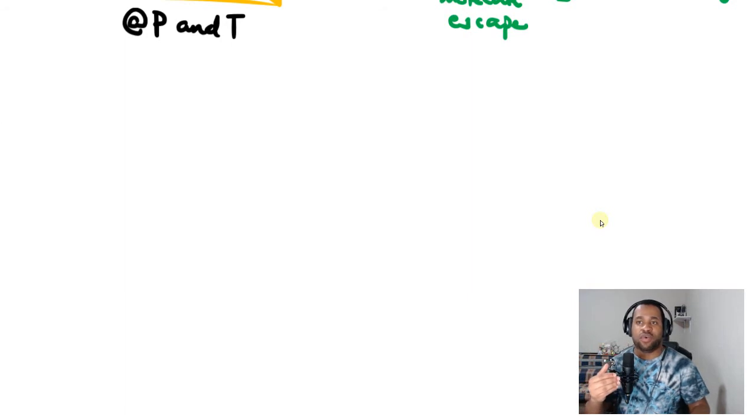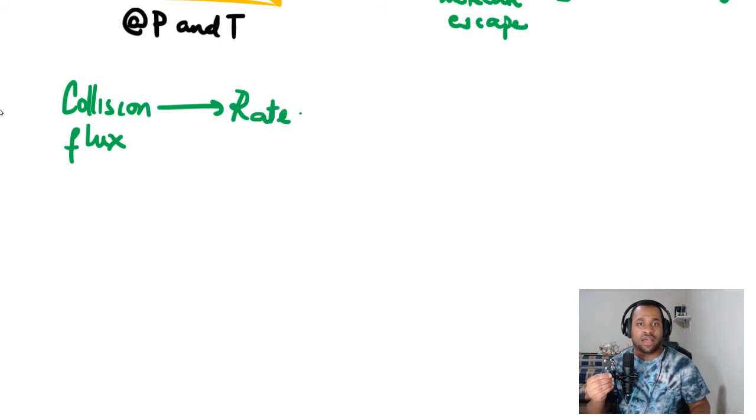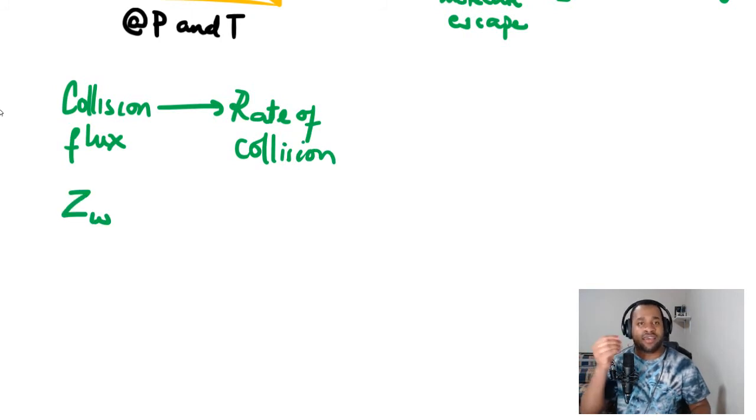In this part, we know that the collision flux links us to the collision rate. Based on our first step, we start off with the collision flux, represented as Z subscript W, which, based on our previous video, is equal to the collision frequency divided by the area multiplied by the time interval.